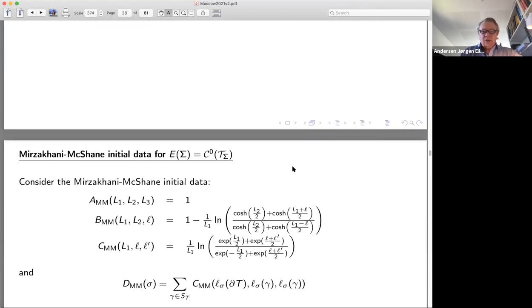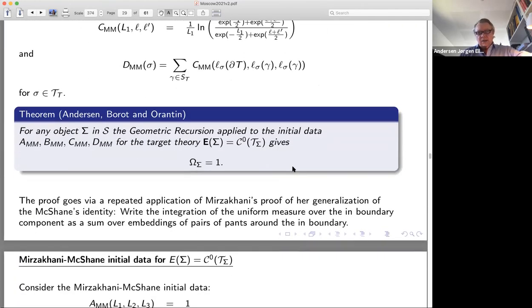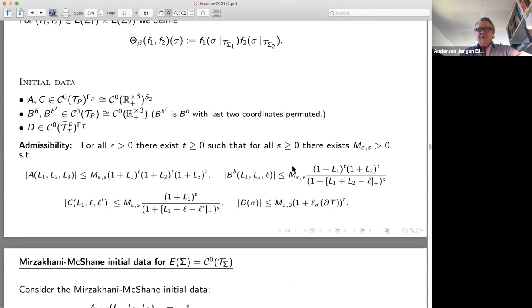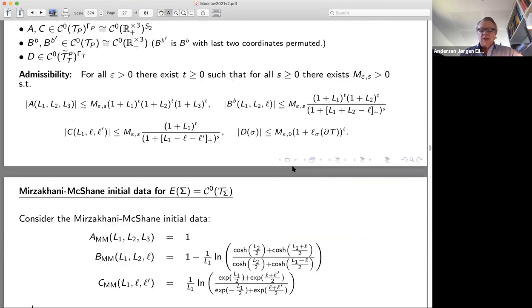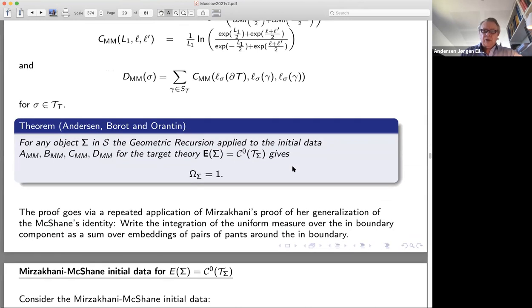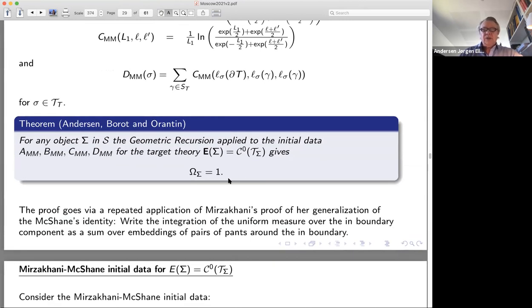Those satisfy the analytic estimates I just showed you, and we can run the geometric recursion, and the geometric recursion gives you the function 1. So you can think of this as a partition of unity, and the proof is just applying over and over again the Mirzakhani-McShane argument, her proof of the McShane identity.